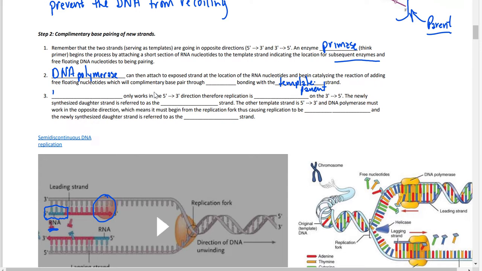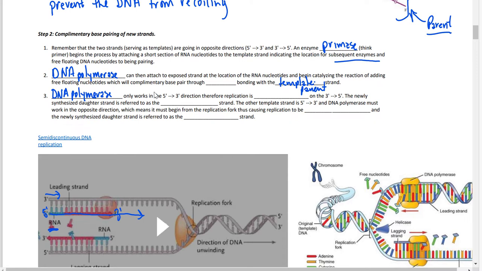So the point about paying attention to the 5', 3' end is because DNA polymerase only works in the 5' to 3' direction. So if we look at these two strands, the top strand being 3 to 5 prime, that means that DNA replication going in this direction is going 5 prime to 3 prime.